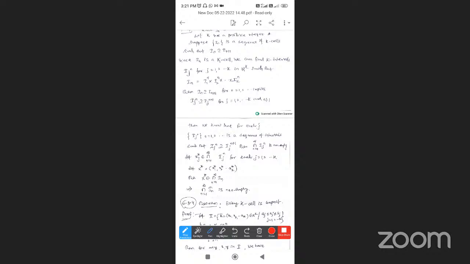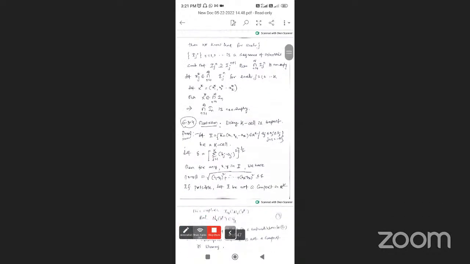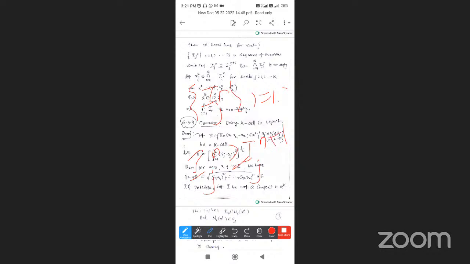Now we know that for each j, the set I_j^n, n equal to 1, 2 and so on, is a sequence of intervals such that I_j^n is a superset of I_j^{n+1}. That is, the intersection is not empty.